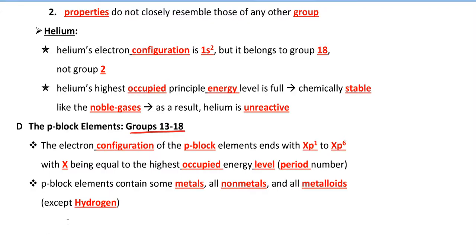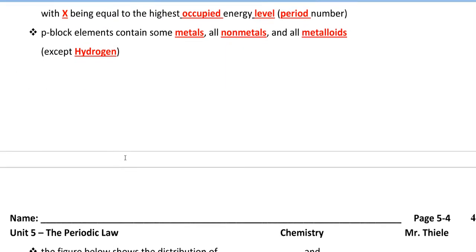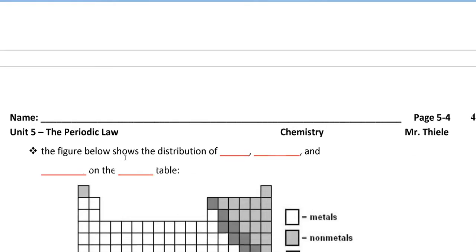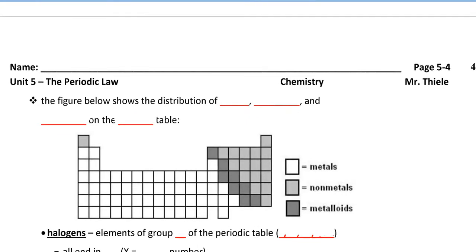All right, now we're going to continue on with page 4 of the notes. The figure below shows the distribution of metals, nonmetals, and metalloids on the periodic table. So now we're going to shift and start talking about other things other than the S block, P block, F block and D block, although those may come up again as we go.